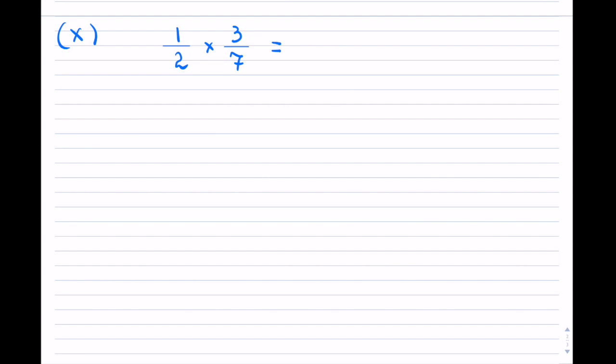What we do is we take the 2 numerators of the fraction and we basically multiply them together. Now 1 times 3 is 3. And then we take the denominators and we also multiply them together. So 2 times 7 is 14.